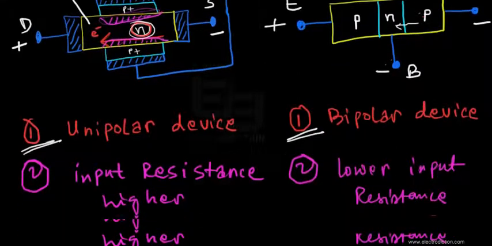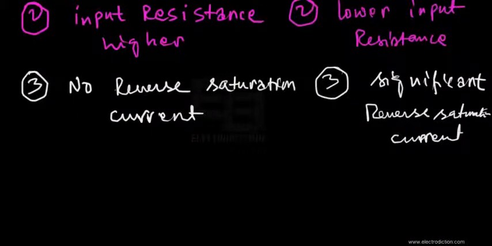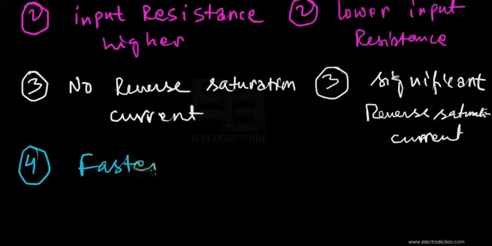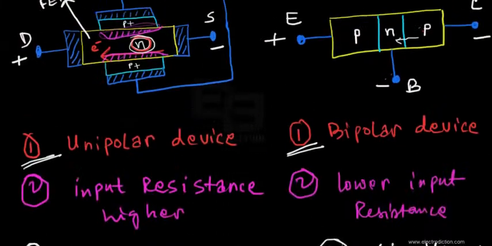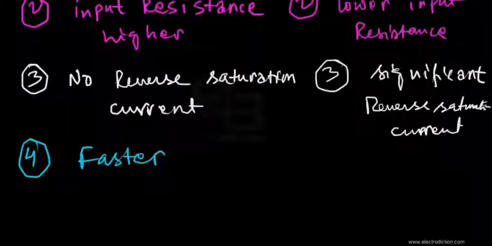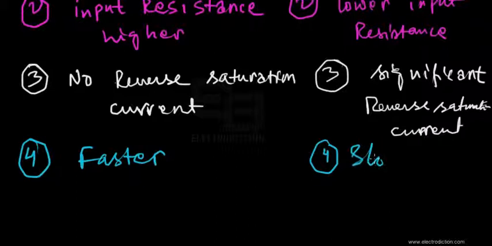Therefore we see another difference: the FETs are comparatively faster than the BJTs, since the current inside the BJTs passes through junctions and then undergoes the recombination process and all. That's why the BJTs are comparatively slower devices.